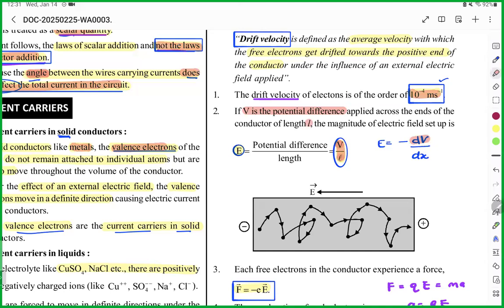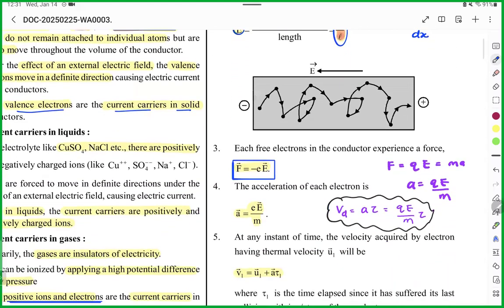It is not taking plus potential difference or negative potential difference, it's just taking potential difference, so it's like the magnitude form. So this is the derivation of this. Okay. So if you calculate force, you know force is equal to, Pratikya, what is the formula of force in relation to electric field and charge?